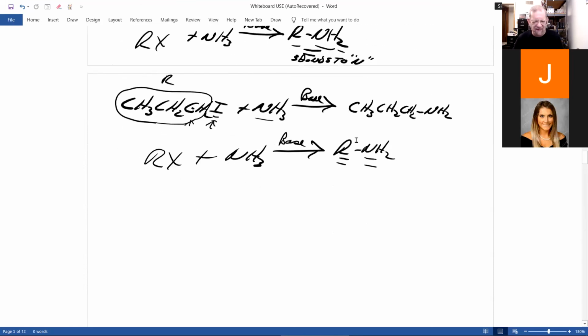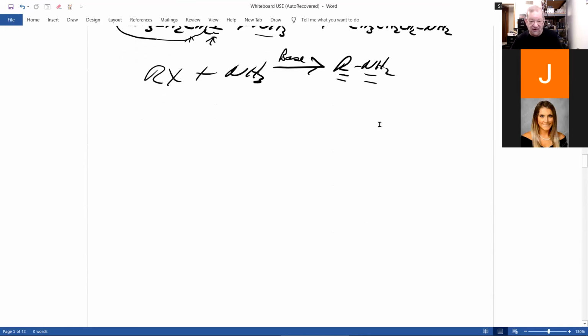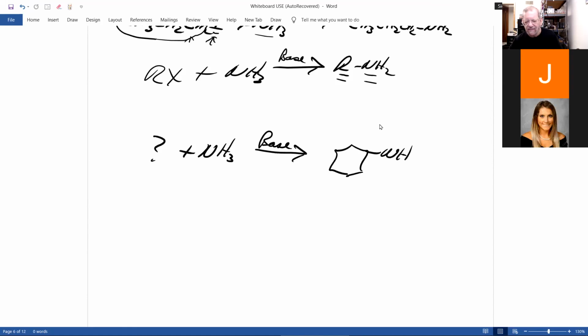Let's have some more fun with this. Let's see if we're up to the challenge. What would I react with ammonia in the presence of base to make that compound?